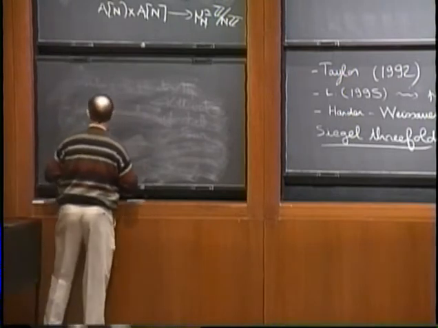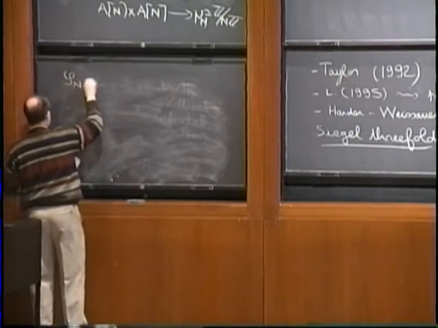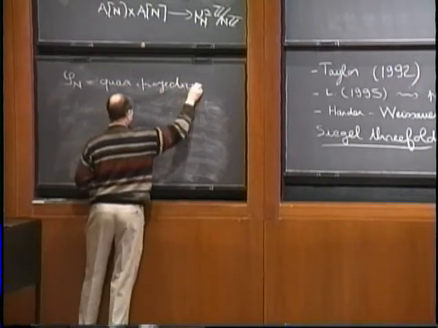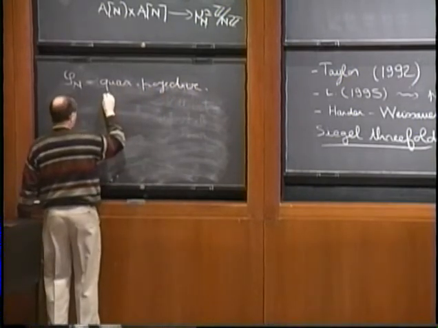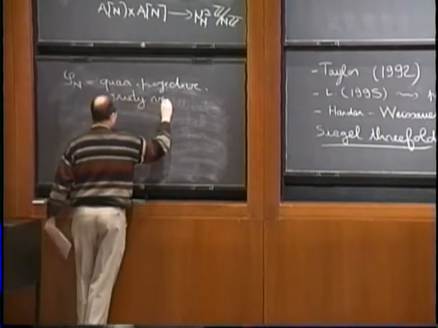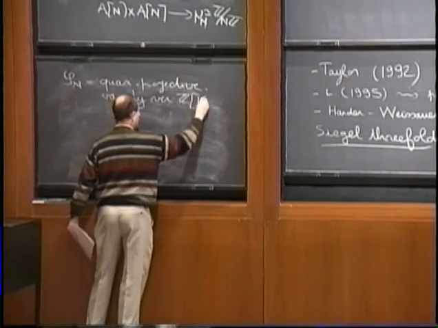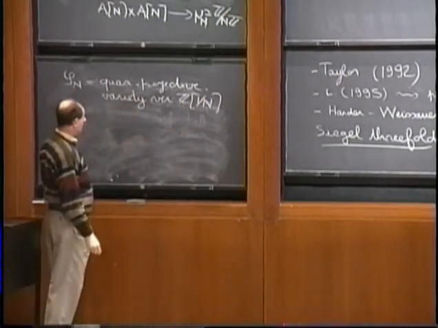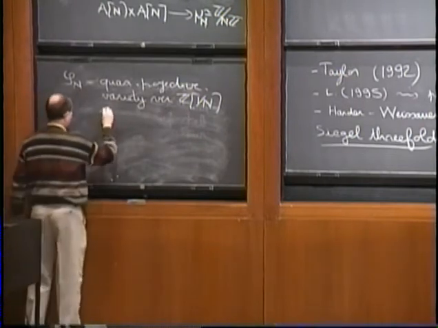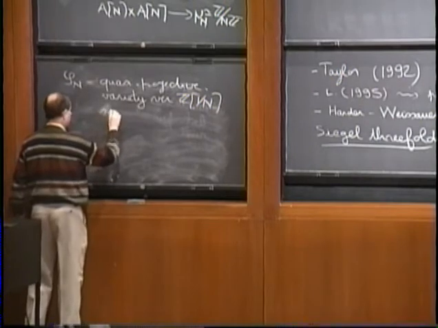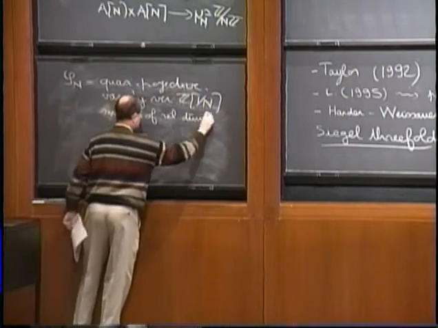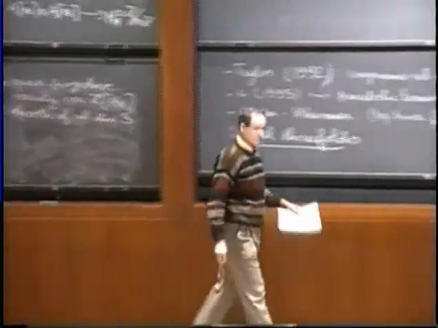So first of all, this is a quasi-projective algebraic variety over Z[1/n], where I invert n, since I don't consider bad reduction, smooth of relative dimension 3.